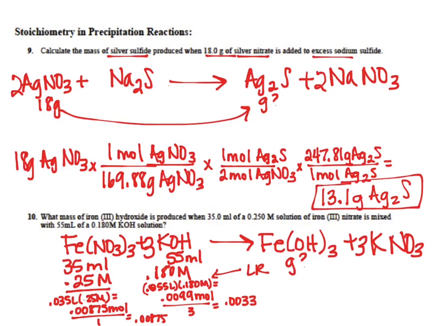Now our next step is to go back to the limiting reactant moles. So we're going to go to 0.0099 moles of KOH, and we need to take that to grams of iron 3 hydroxide.